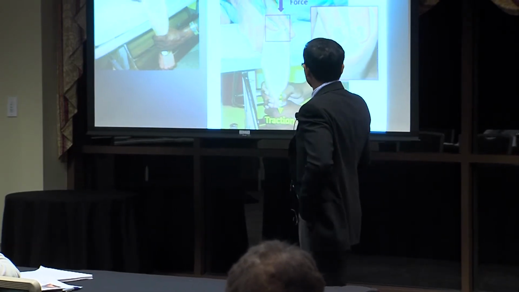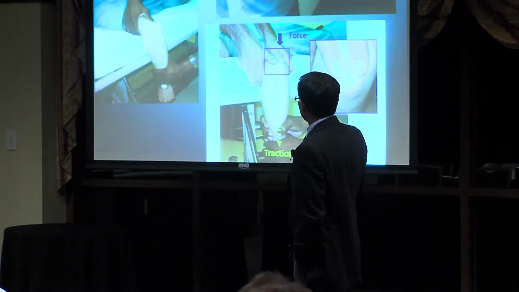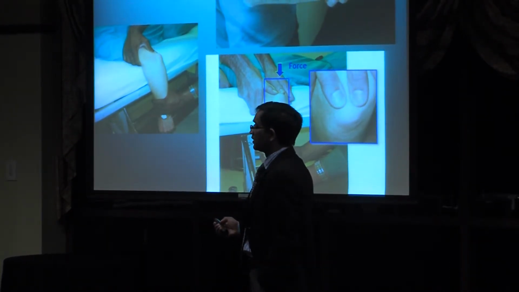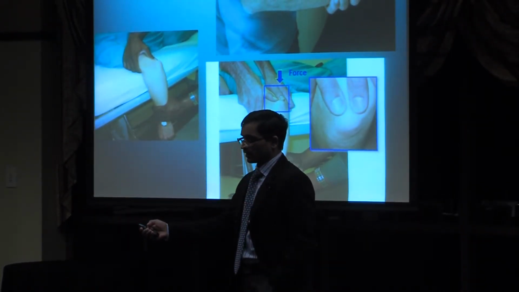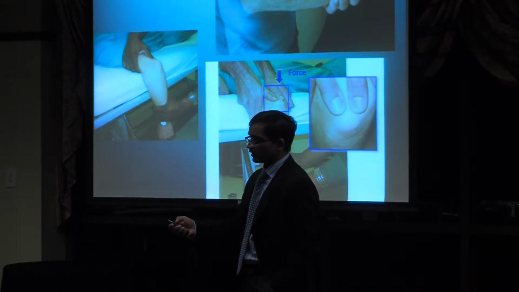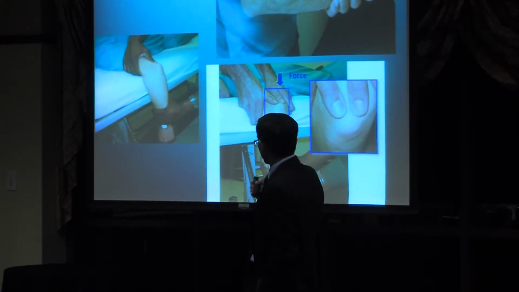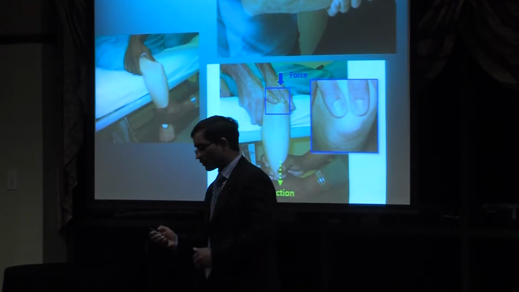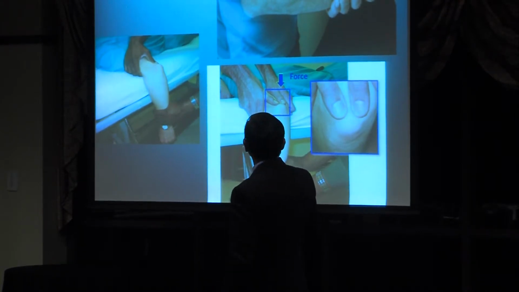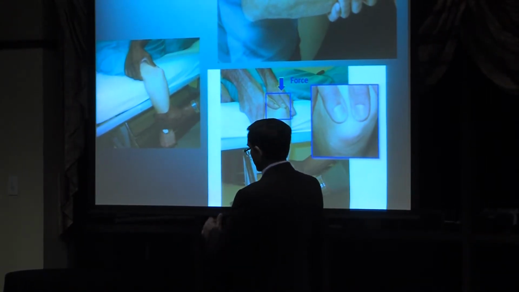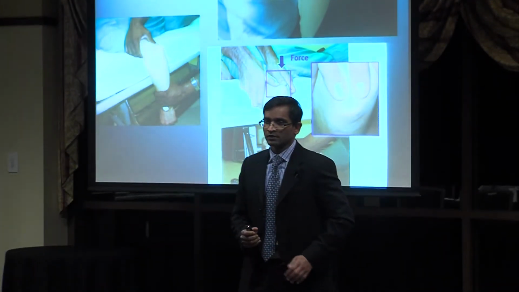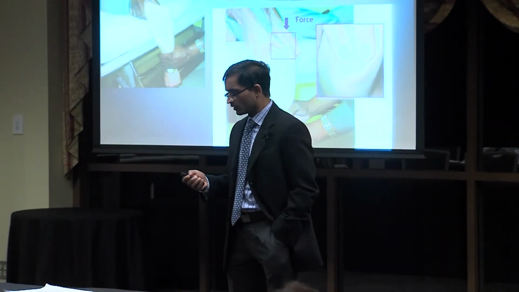It's a very easy joint to reduce, and you don't need a whole lot of traction here. Traction can fight against you if it is too excessive, because it will be blocking against the trochlea. So with gentle traction and at the same time simultaneous maneuvering, especially this force where you milk the olecranon over the trochlea, it's pretty easy to get this joint reduced.